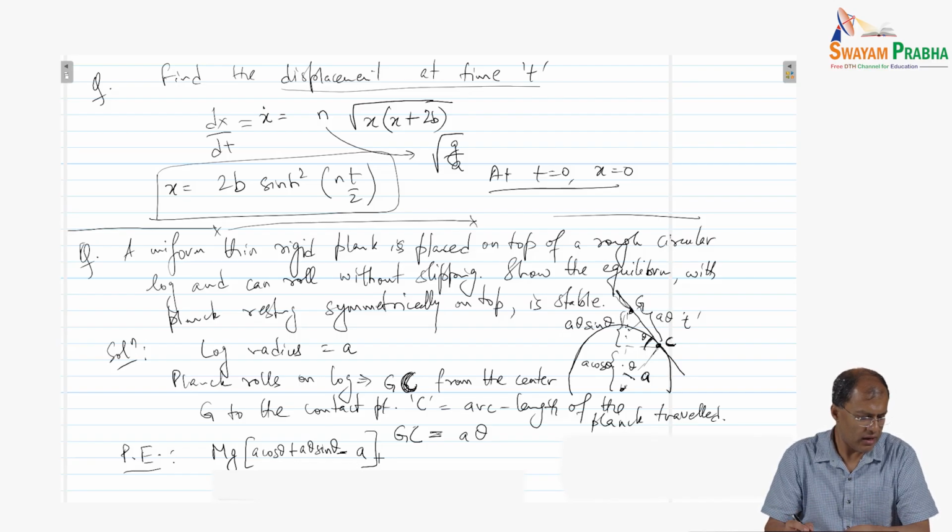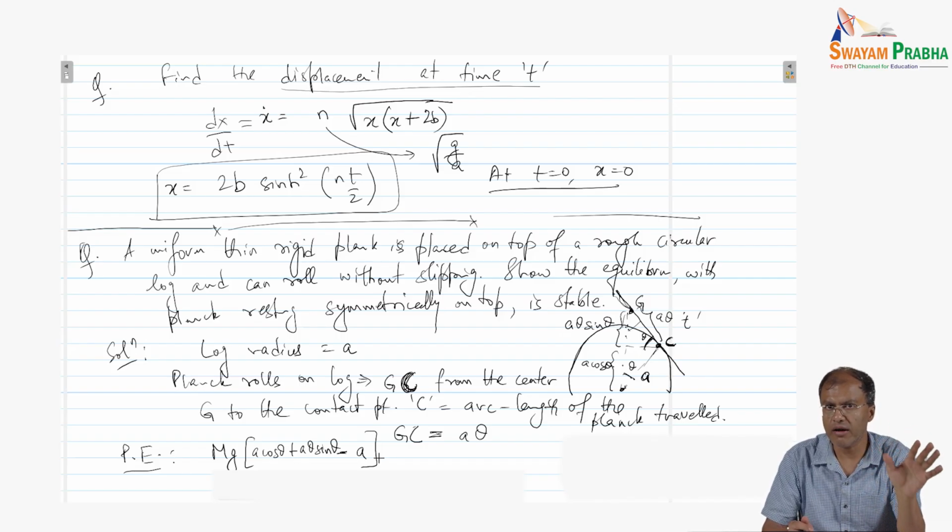So I can write down the total energy of the system. The constraint is that the plank is constrained to roll on the log. I believe in some of our modules we have already mentioned that constraint forces do no additional work on the system.